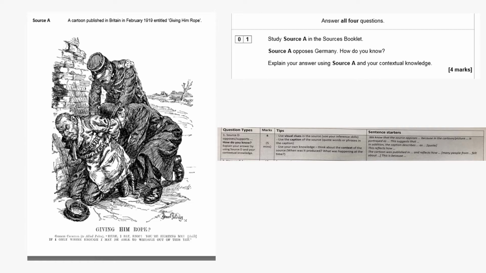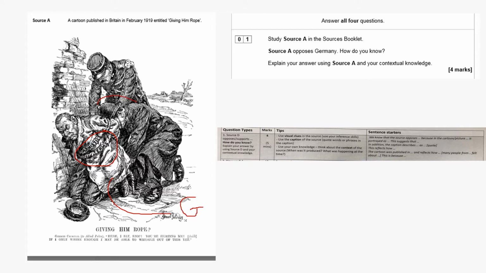So we can see in this source, I'll just give some pointers. We've got the rope around the man that says the armistice terms. We see from the bottom that this man that's being arrested represents Germany. Put G there. You can see that this policeman is dressed like a typical British policeman.